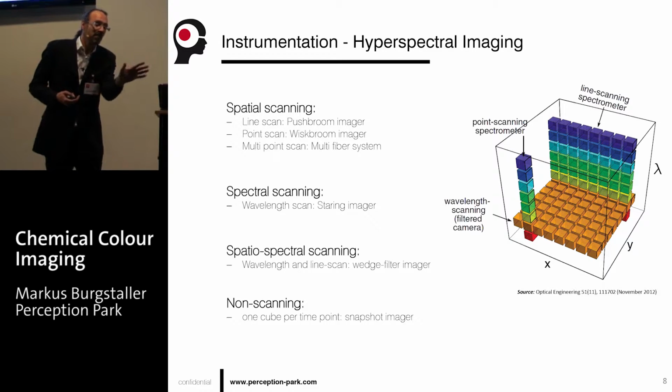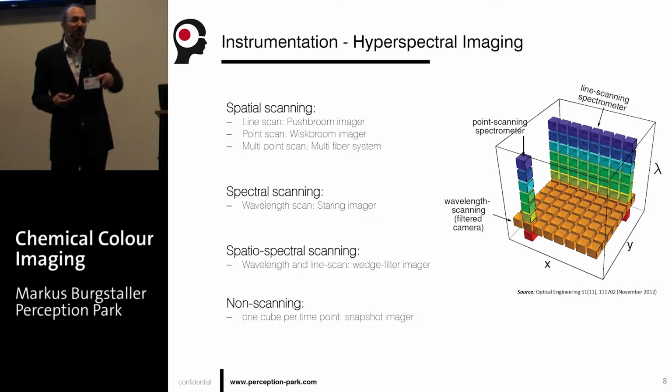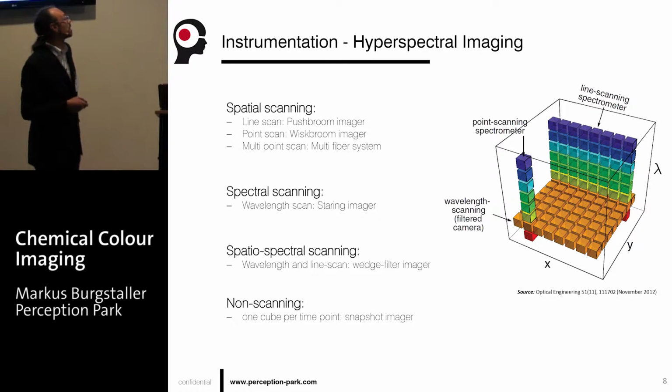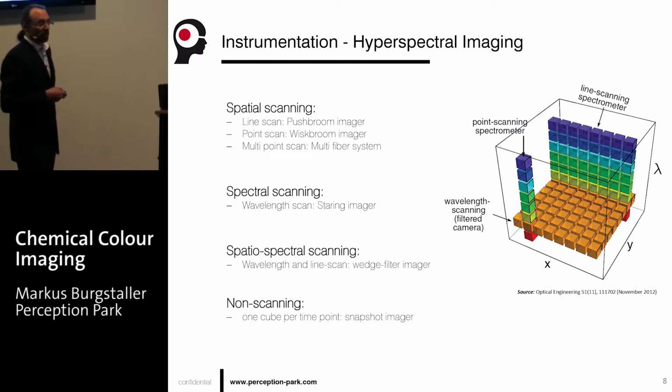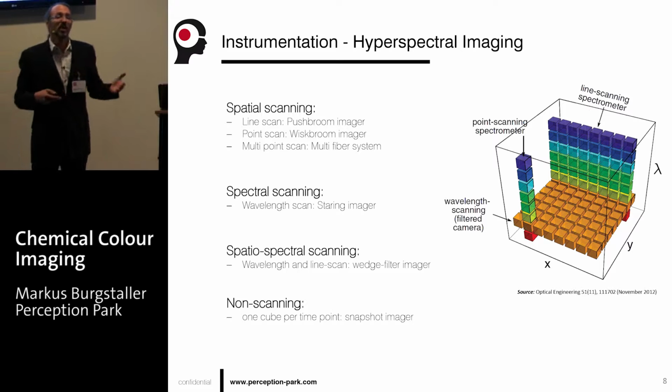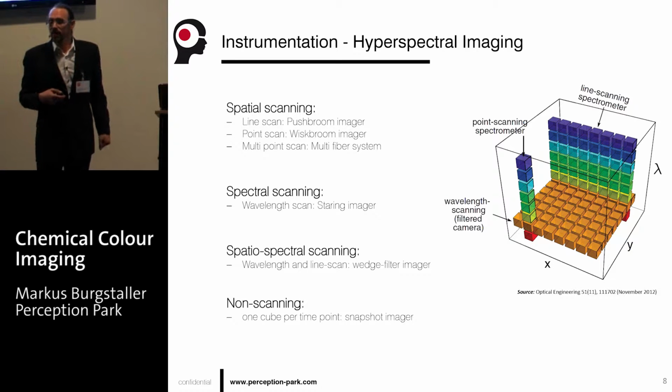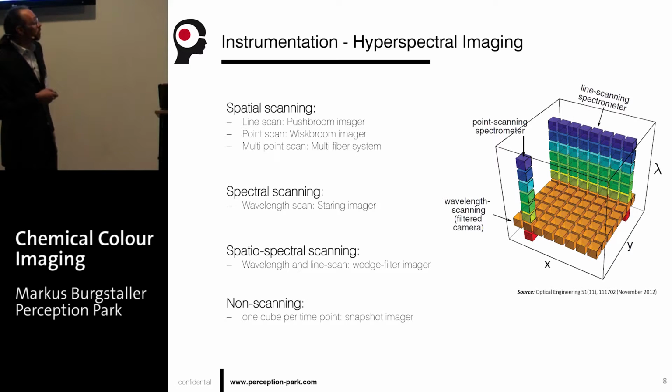If we rotate the filter wheel over time, we can upsample the cube. There is a new technology named spatiospectral scanning, and also non-scanning technology, which means at one time point you get a two-dimensional image, and behind each pixel a spectrum is located. So one cube at one time point. That's another new technology coming out yet.